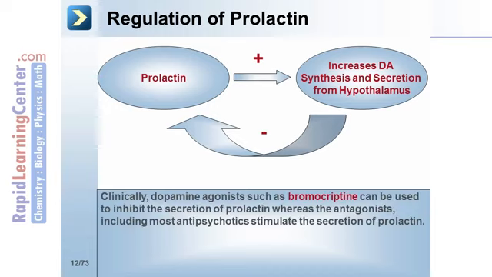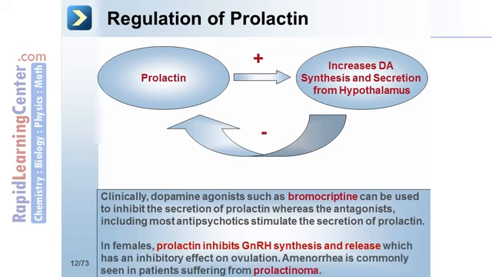Clinically, dopamine agonists such as bromocriptine can therefore be used to inhibit the secretion of prolactin, whereas the antagonists, including most antipsychotics, stimulate the secretion of prolactin. In females, prolactin inhibits GnRH synthesis and release, which has an inhibitory effect on ovulation. Amenorrhea is commonly seen in patients suffering from prolactinoma.